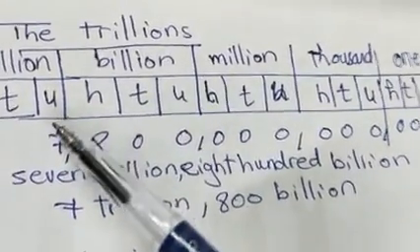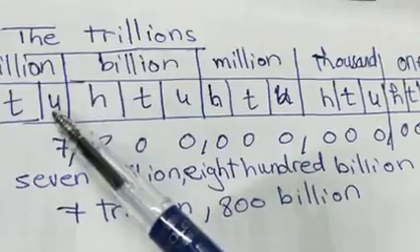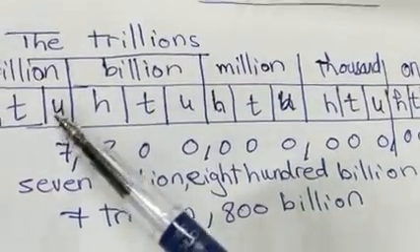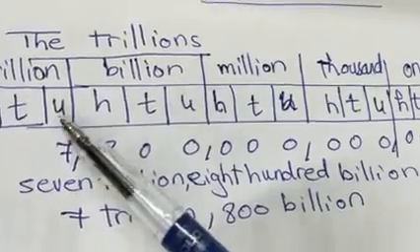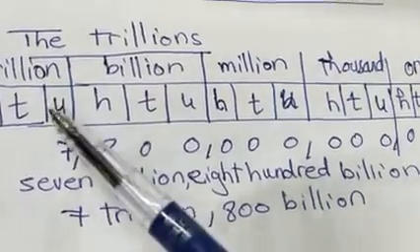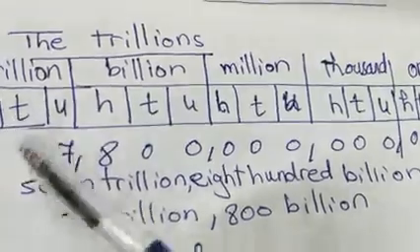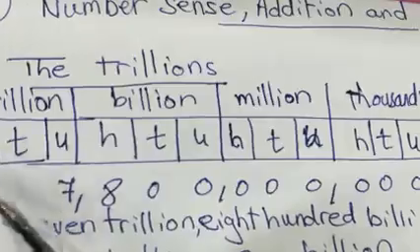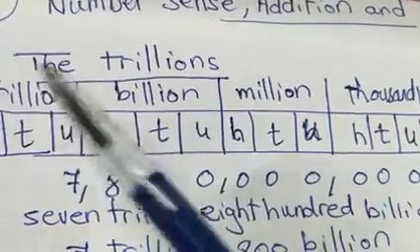How can I read it? I will look at the place and which period I am in. In the units place it will be 7, if it's in tens it will be 70, if it's in hundreds it will be 700. Then I will say the period name.